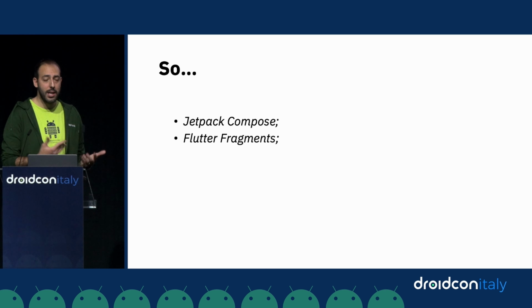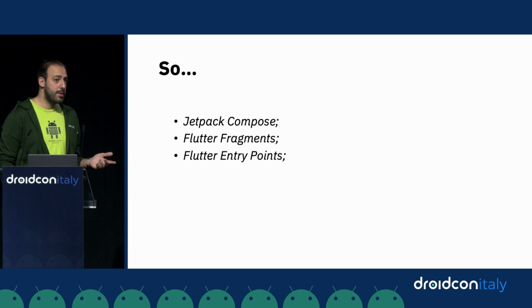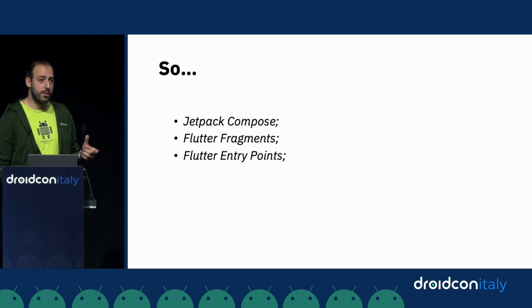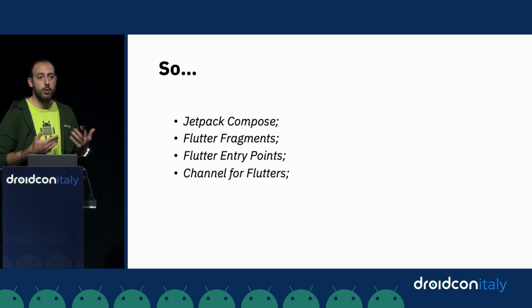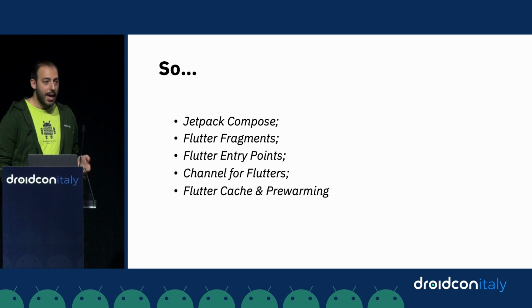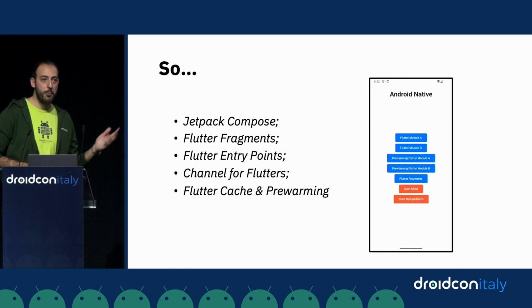So they're rendering the Flutter side. We know the Flutter entry points, which are the anchors for our Flutter modules. We know the channels for Flutter to communicate and to pass parameters. Okay? And finally, we know the Flutter cache to preload the modules and run them faster than a cold start. So we can do something like that, right?